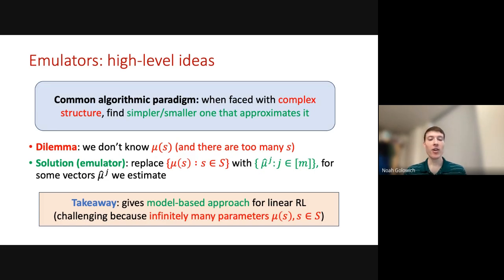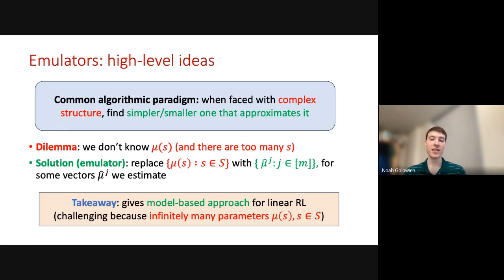Now, the takeaway here is that this gives a model-based approach, in some sense, for linear reinforcement learning. Many of the prior approaches for linear RL, in fact most of them, are model-free in nature. This is essentially because of the non-parametric nature of linear MDPs. There are infinitely many parameters, namely the d parameters of each feature vector mu of s, indexed by all states s.